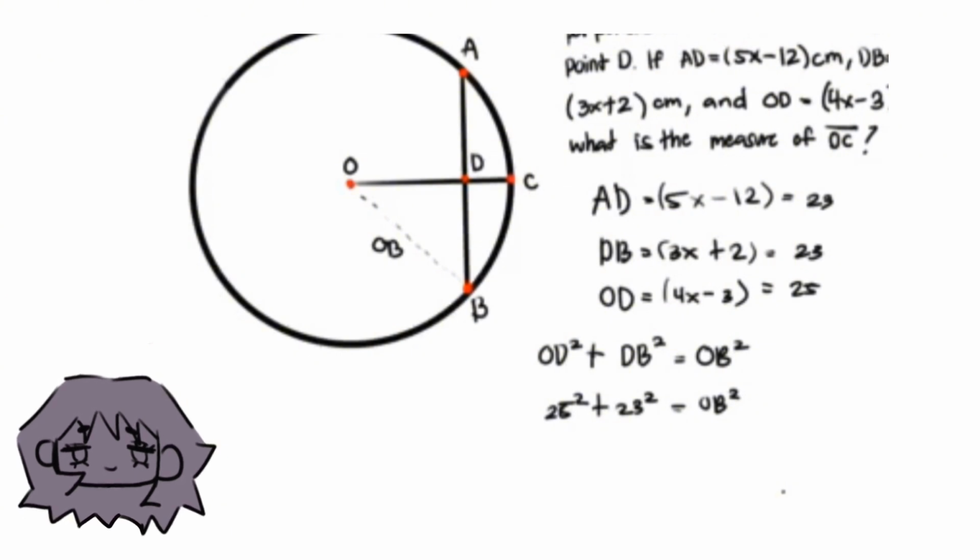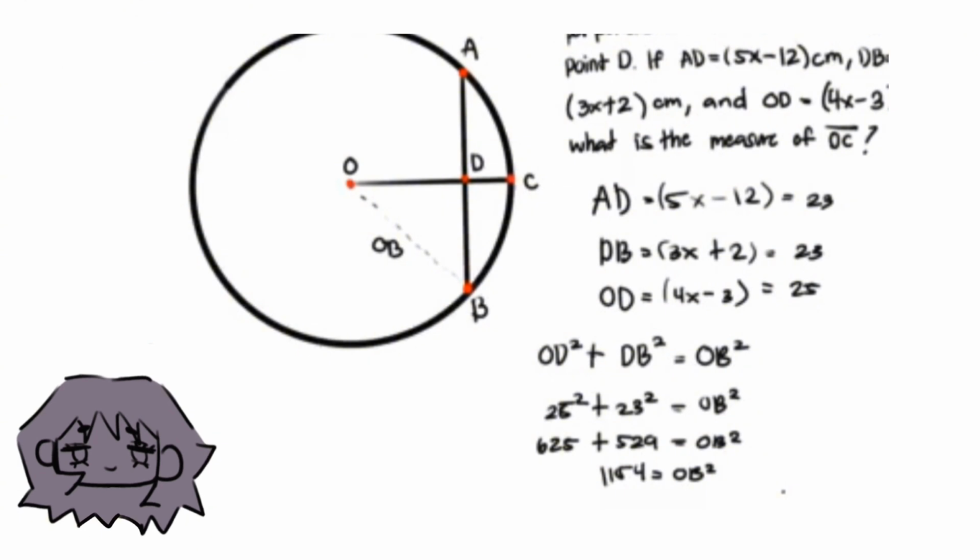So 25 squared is 625, 23 squared is equal to 529, equals OB squared. So we're going to add those up. 625 plus 529 is equal to 1154.